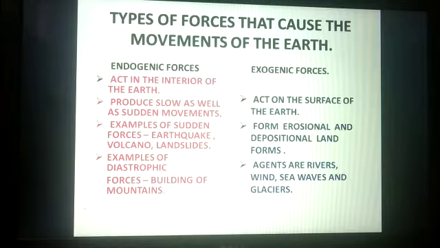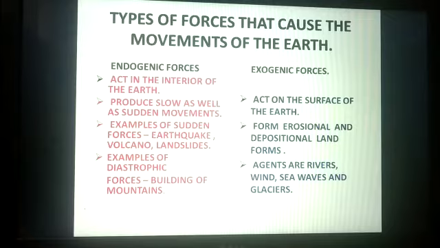Now let us learn about the types of forces that cause the movement of the earth. The earth movements are divided on the basis of the forces which cause them. They are of two kinds, endogenic forces and exogenic forces. Endogenic means endo plus genic.